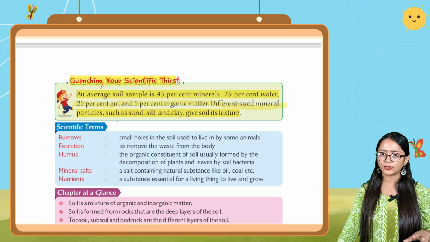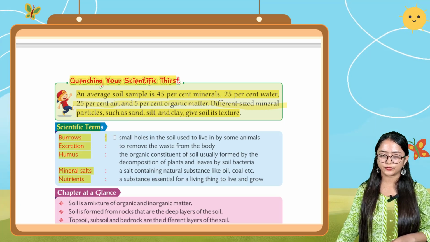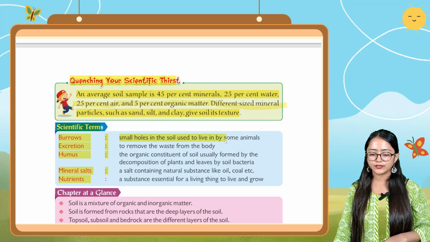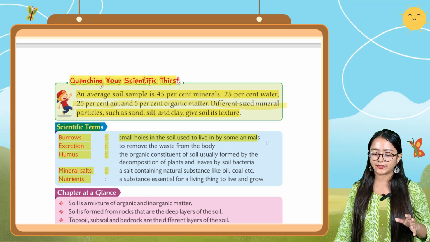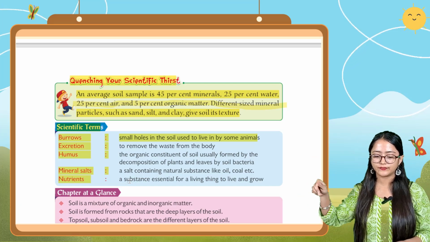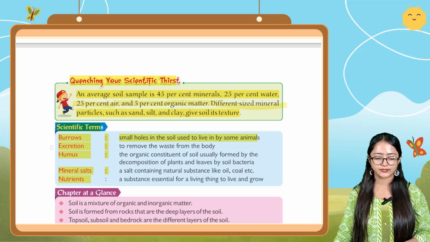Now we're going to talk about some scientific terms. The first one is burrow: a small hole in the soil used to live in by some animals like rats and rabbits.